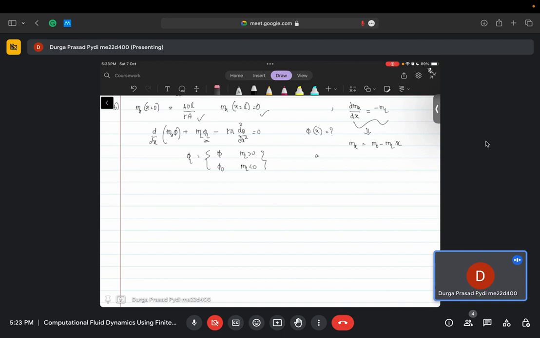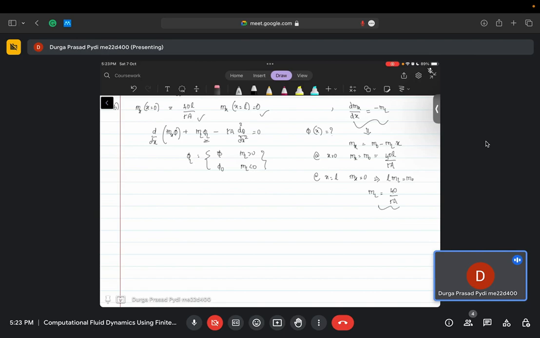At x equal to 0, mx is m0, 4q by gamma a, and then at x equal to L, we have mx to be 0, so that gives me L times ml equals m0. So ml is 4q by gamma a.